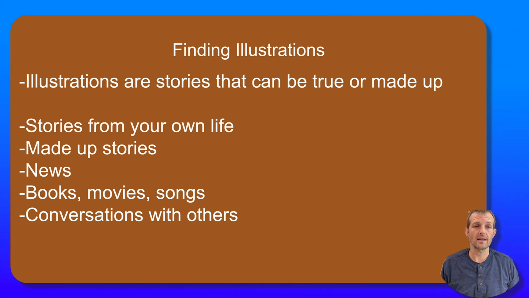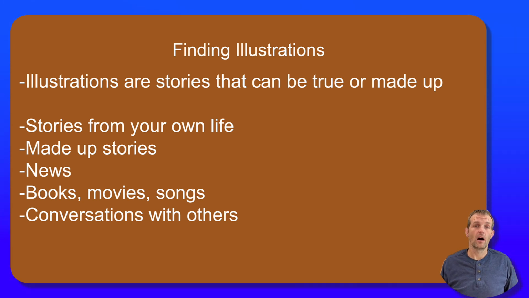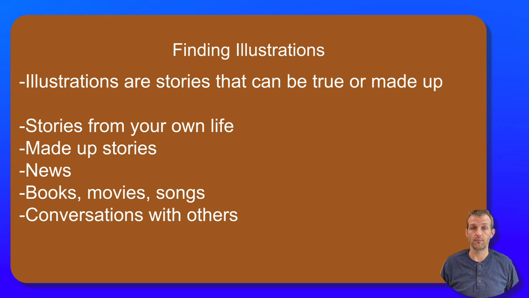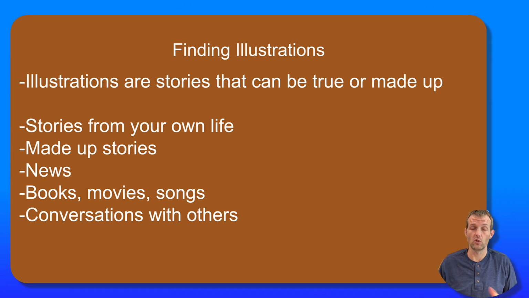But there are lots of stories from your own life experiences that would make for great illustrations to communicate a truth: when you're scared, when you're worried, when you trusted God and things worked out, when you doubted, how God saved you. All of these stories are very potent ways of bringing light to an idea or concept.